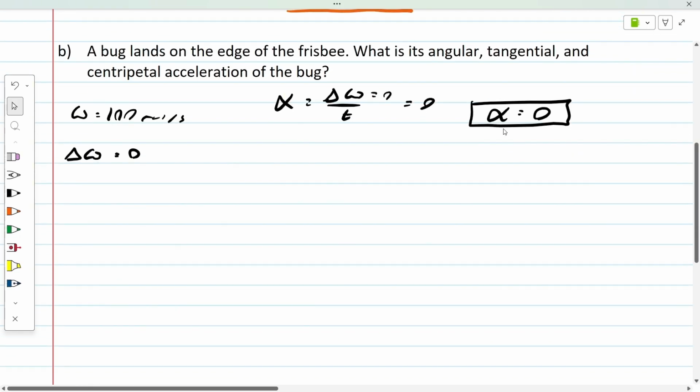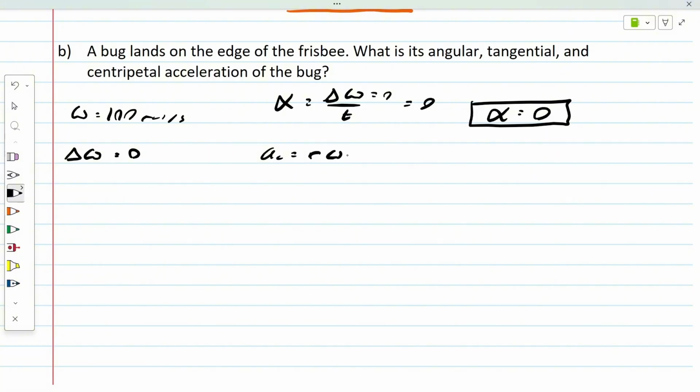And so the centripetal acceleration is equal to r omega squared. We have all these values, so we can plug in the radius, which is 0.1, and the omega, which is 100, squared, and that's going to give us 1,000 meters per second squared, and that's our centripetal acceleration.